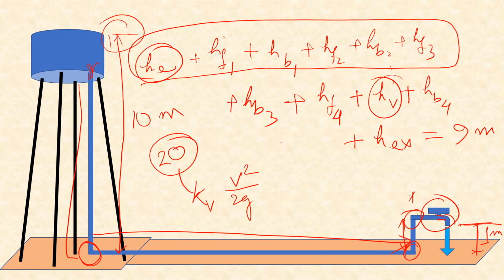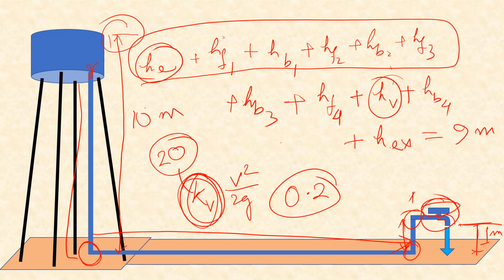Now here, this is a control mechanism, or this is used to control the flow. That's why we have a large range of this coefficient. Just by turning this tap, we can change the value of this coefficient from a very small, suppose 0.2, to a very large value.